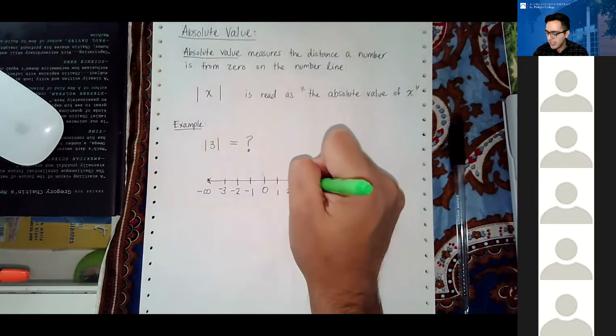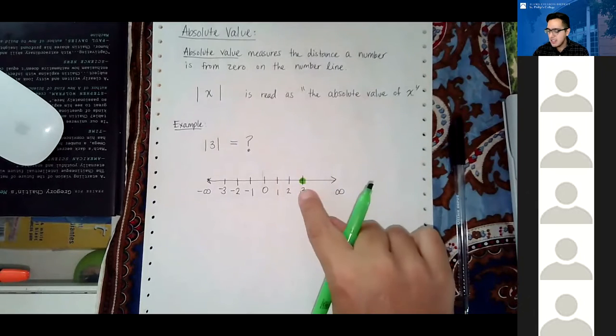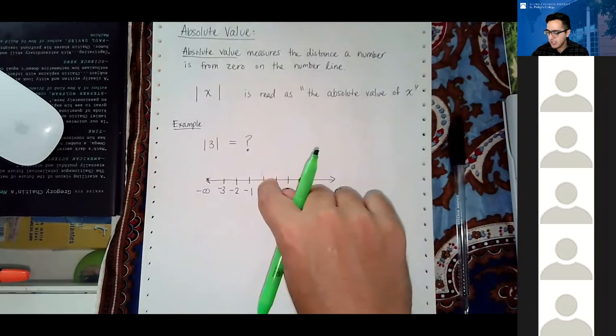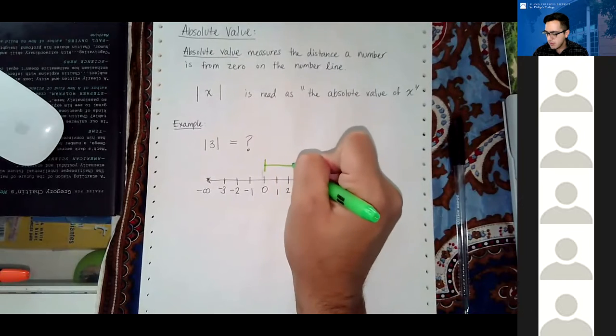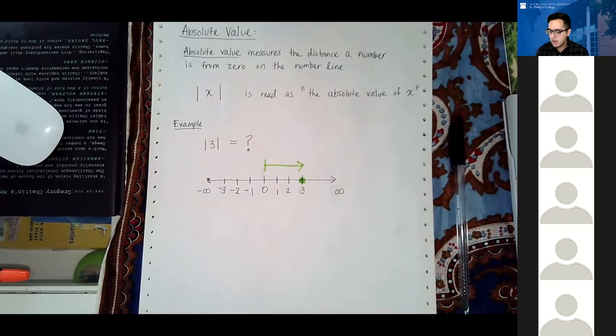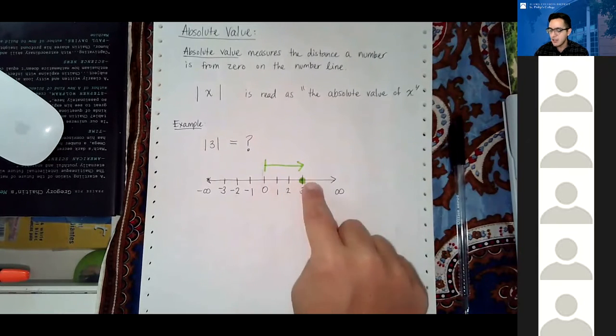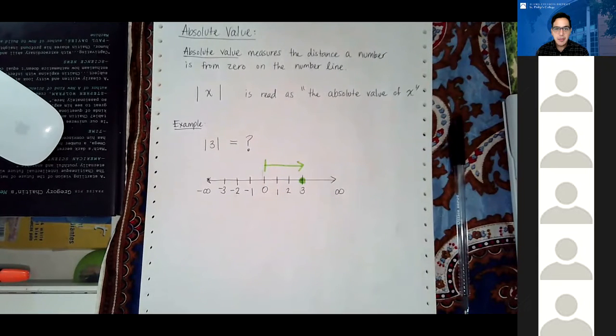How far away in terms of units is 3 from 0? Well, how many steps did we take to get to 3? 3.